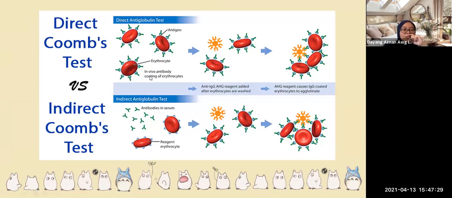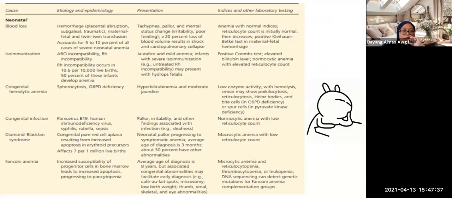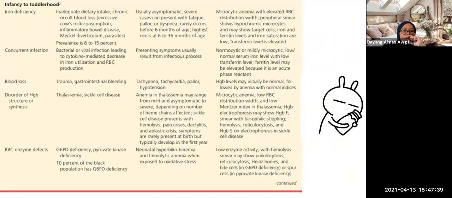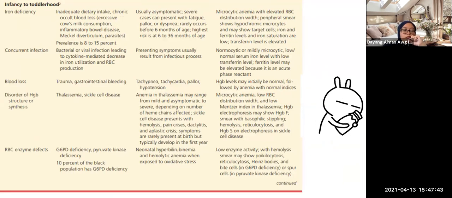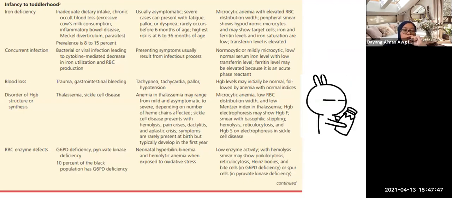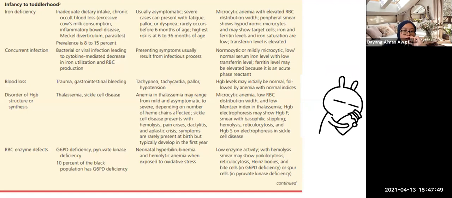And then this is the test, which is direct test and indirect test, to confirm whether the patient is having hemolytic anemia or not. So this one is okay. So the table here shows the causes of anemia in certain ages, including the specific clinical manifestations and also specific investigation findings.